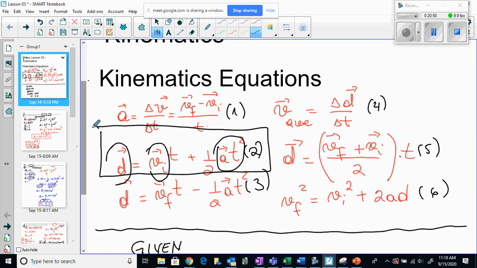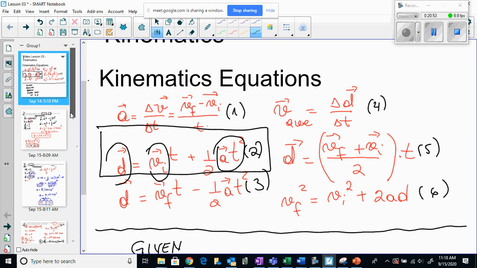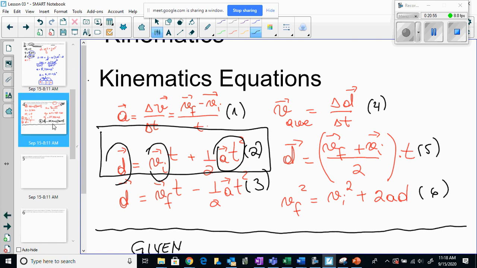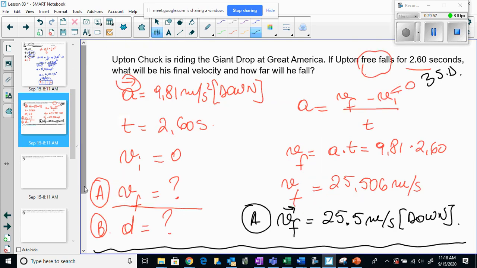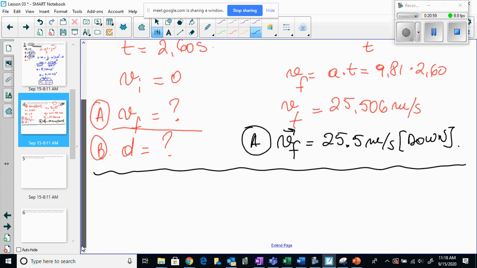It will be number 2, because this is what is given, and this relates what is given with what they are asking for. So displacement will be v initial t plus 1/2 a t squared.